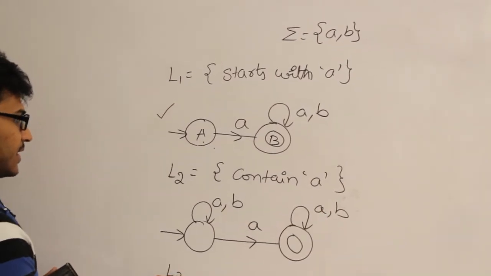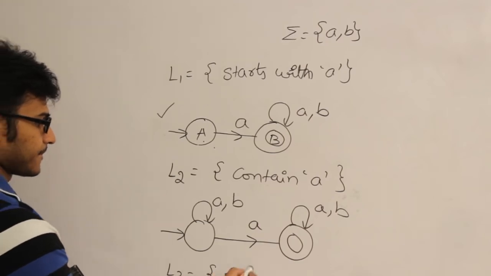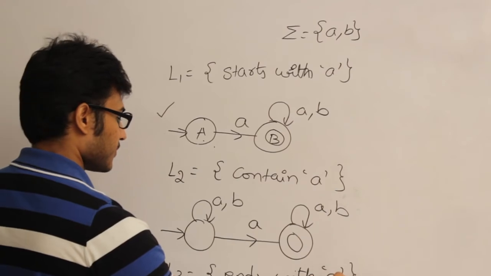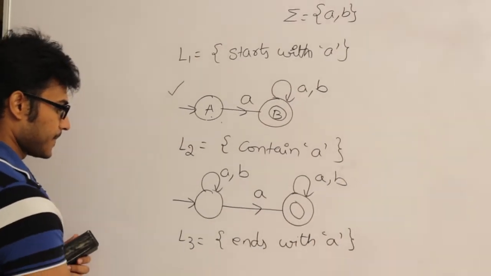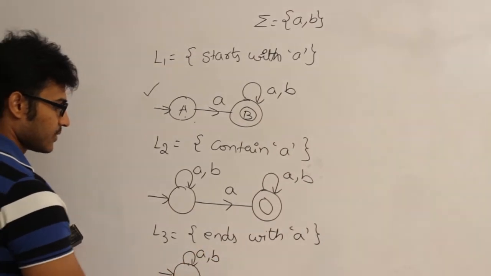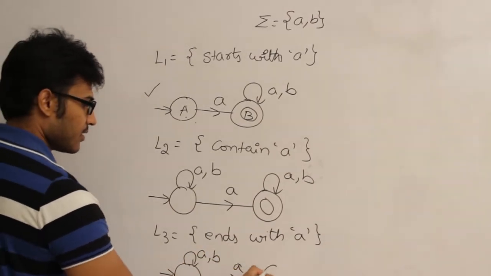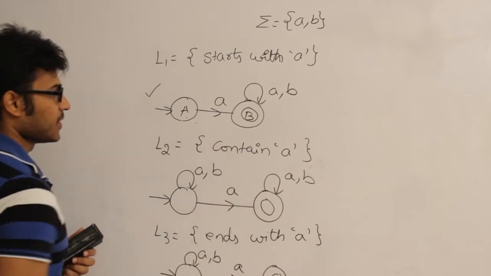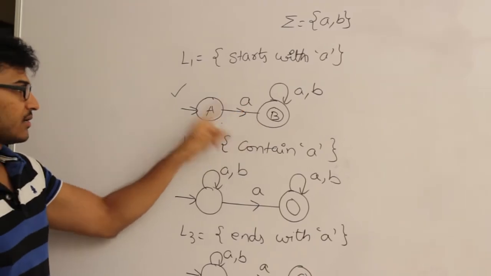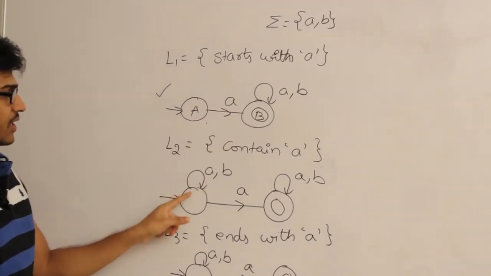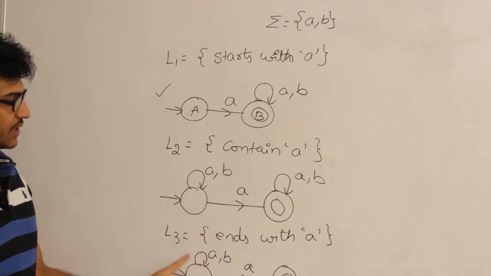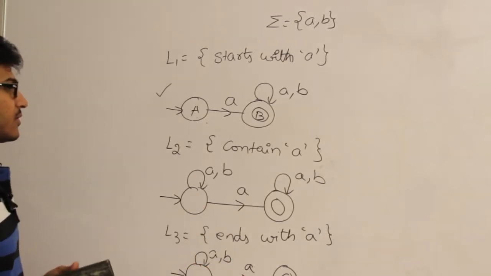Let us say L3 is ends with A. Then I don't care what happens in the beginning. If it ends with A, I am going to accept it. So starting with A is, I don't care what happens after I see A, that's it. And for containing A, I don't care what happens at the beginning and the ending, it should contain A. And for ends with A, I don't care what happens at the beginning, it should end with A, right?